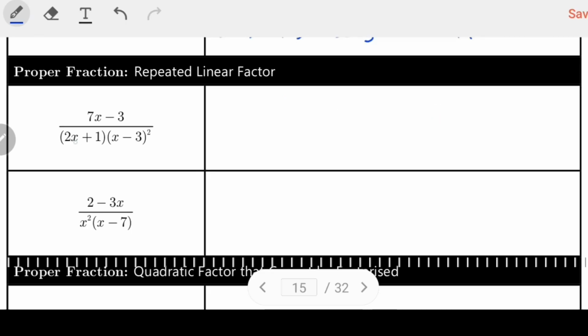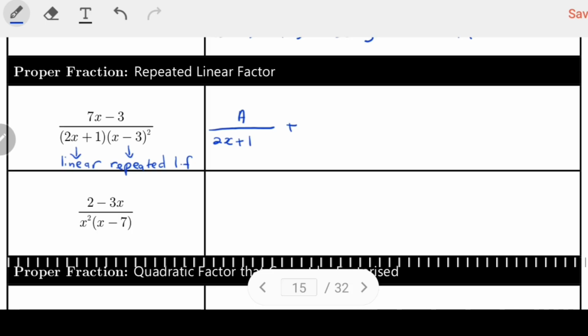If we look at the first example for repeated linear factors, in the numerator, we have 2x plus 1. So 2x plus 1 is a linear. But x minus 3 squared is a repeated linear factor. Okay, so for linear factor, if we express the fraction into general partial fractions, we're going to have a constant over the linear factor.